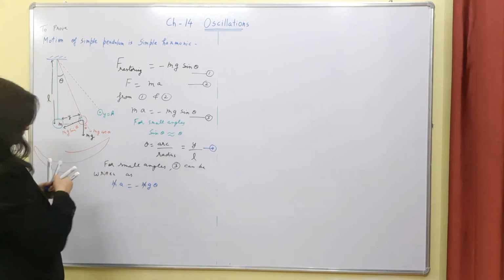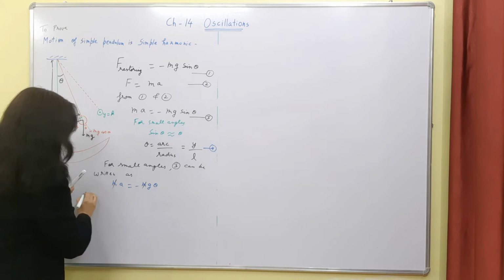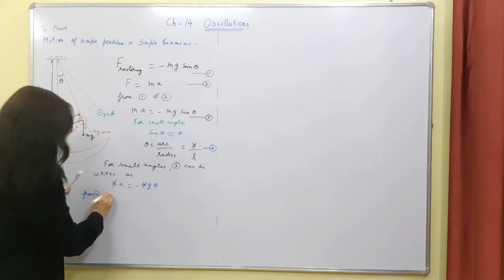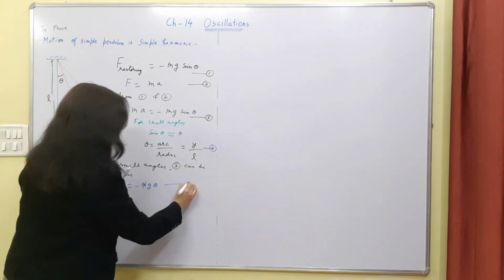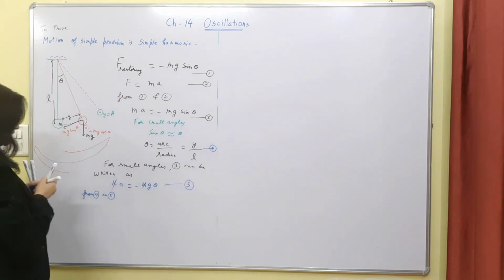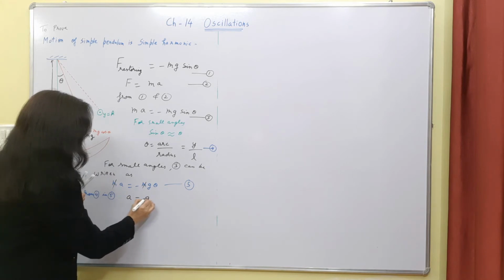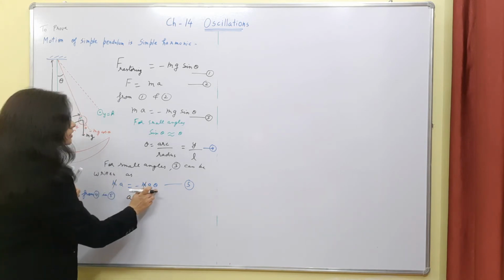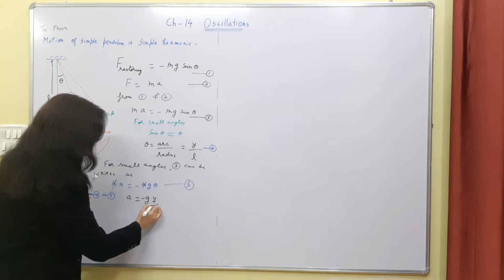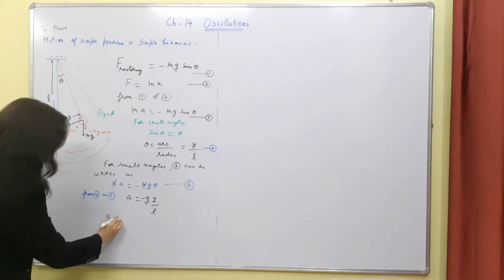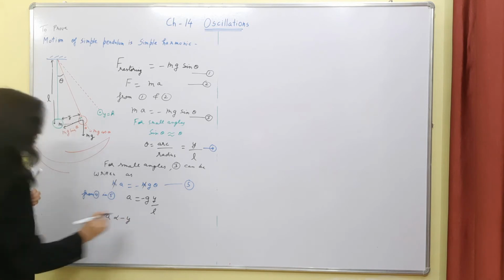So from 4 in 5, I am marking this as 5, right? So acceleration will be g minus, obviously for theta I am writing y upon L, right? So you can see from here that acceleration is proportional to the negative of displacement.